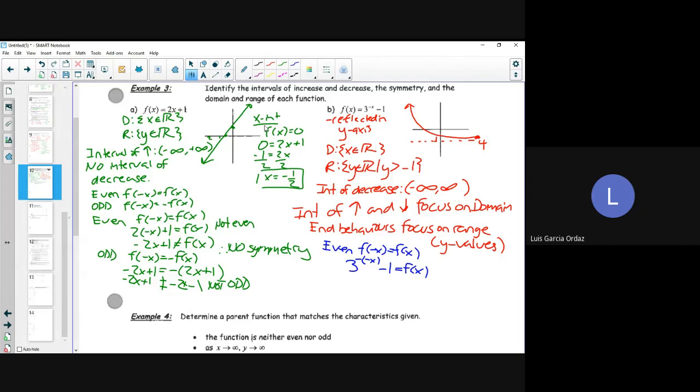Positive. So we get 3 to the x minus 1. Is that equal to f of x? No, because our original function is 3 to the negative x minus 1, and when we simplified, we got 3 to the x minus 1. So not even.